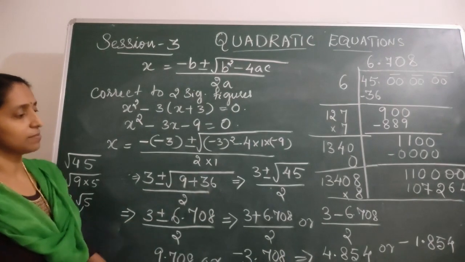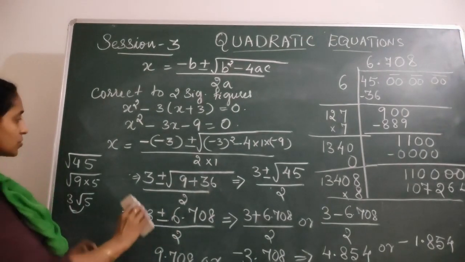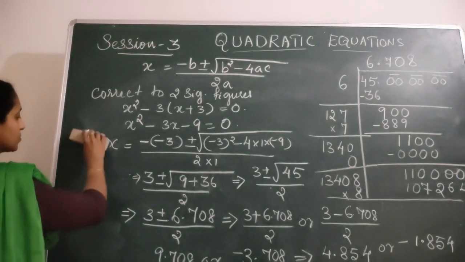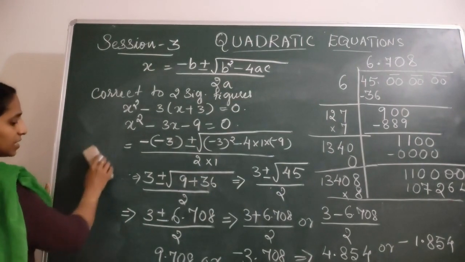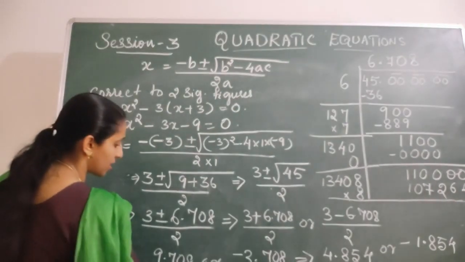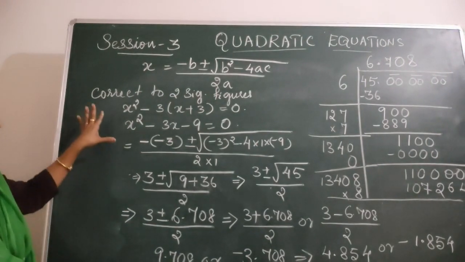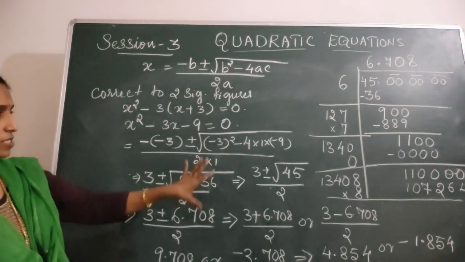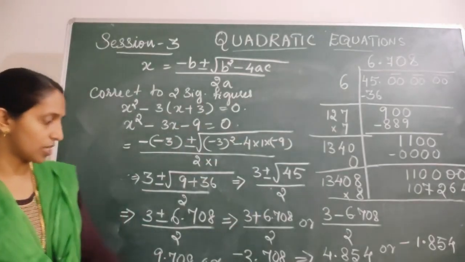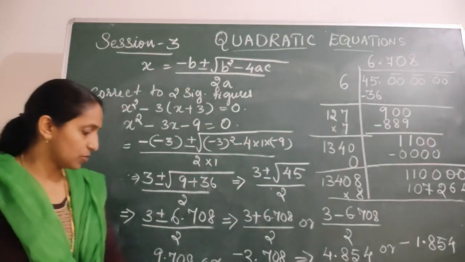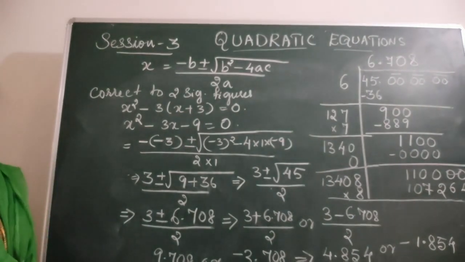Then you can follow the same simplification. So this is the formula method of solving a quadratic equation. Those who have not gone through the procedure, you can write it now in your copy and then practice a few questions.